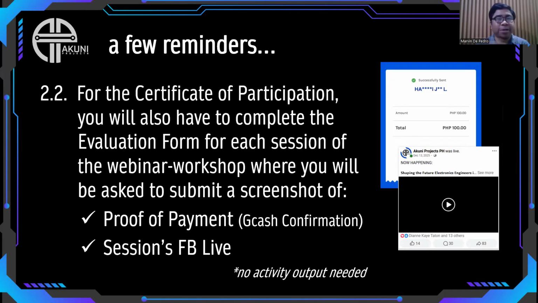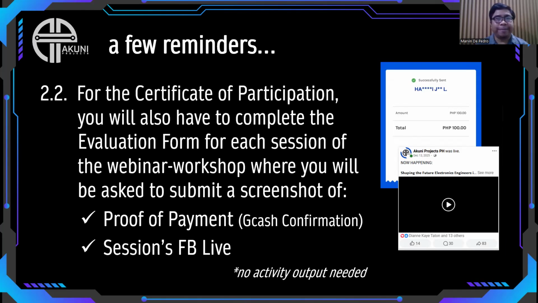Maybe they already know the featured platform, they already know the necessary skill for this session, or maybe they don't have a laptop to use, or possibly they don't have time to go through the entire activity. So regardless, if they need a certificate, they can avail the certificate of participation.